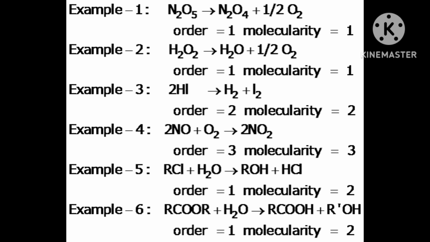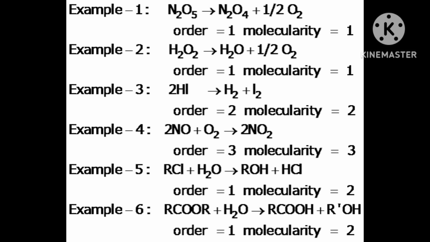Then rate, how will you write? Rate you will write as concentration divided by time. Rate is equal to what? Concentration per unit time, which means concentration divided by time. Now you are elaborating. The rate value you have written as concentration divided by time.